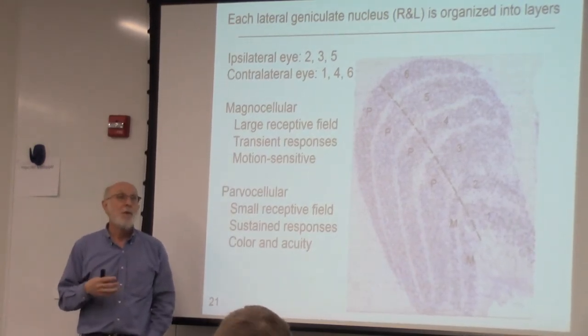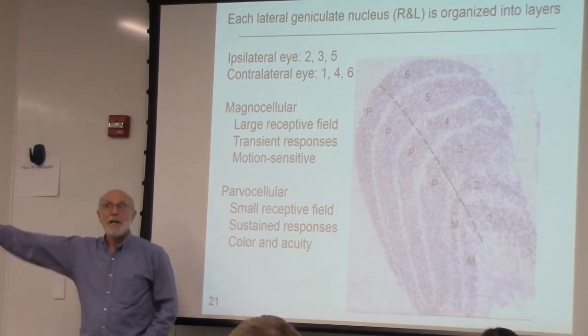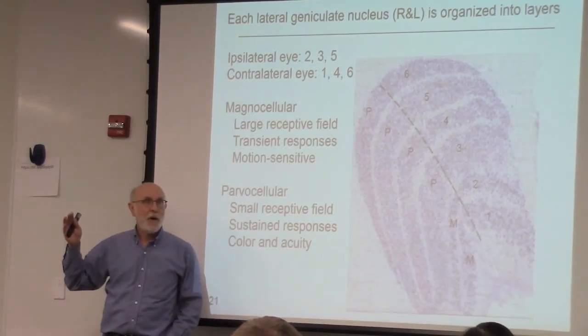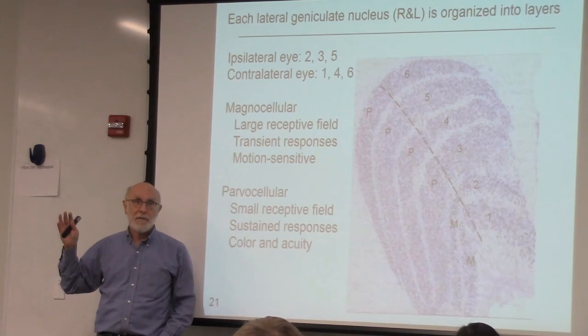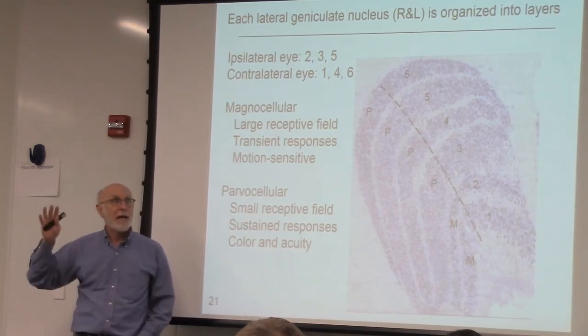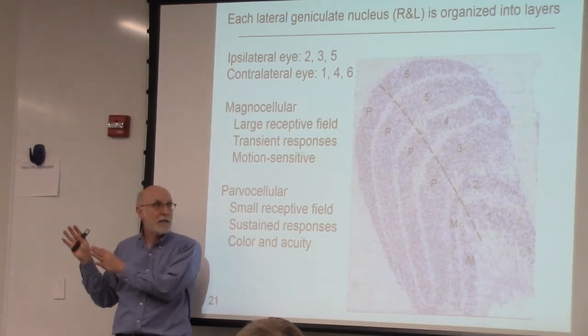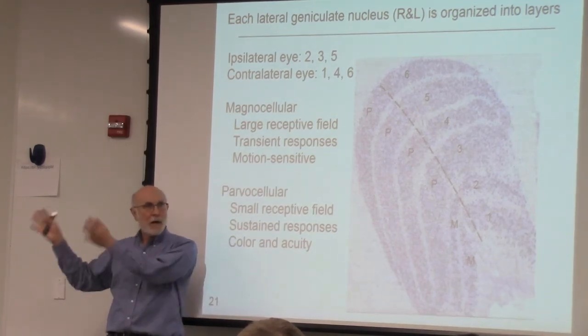And this has an important evolutionary function, right? If there's something coming at us in our peripheral vision, we don't even care what it is. We want to know that it is. Let me get out of the way, or let me divert my attention to figure out, is that a friend coming to hug me, or is that a bear coming to eat me?